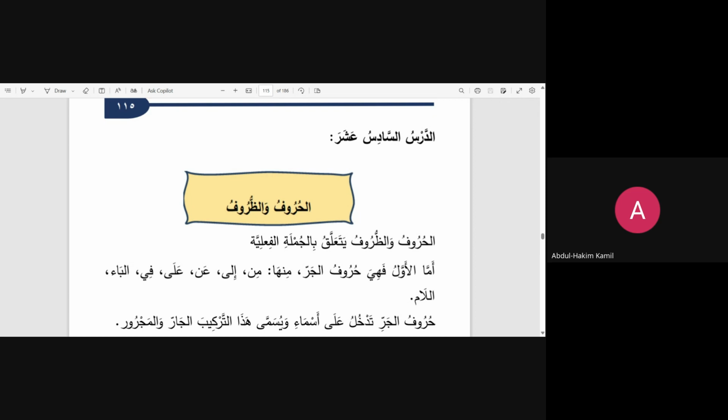ismiya if you know something about it. I'm going to say, Muhammadun dhahaba ila al-madrasa. You know somebody went, so now I'm going to start with Muhammad, because we know that somebody went. So we know that Muhammad went somewhere and we didn't know where he went. We're going to say, ila al-madrasa dhahaba Muhammad.